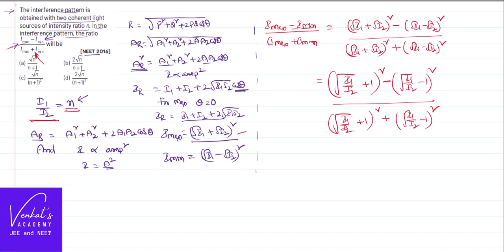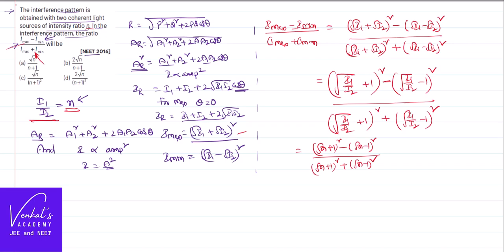Now I1 by I2 is given in the problem as n. So this will become root n plus 1 whole square minus root n minus 1 whole square, by root n plus 1 whole square plus root n minus 1 whole square.